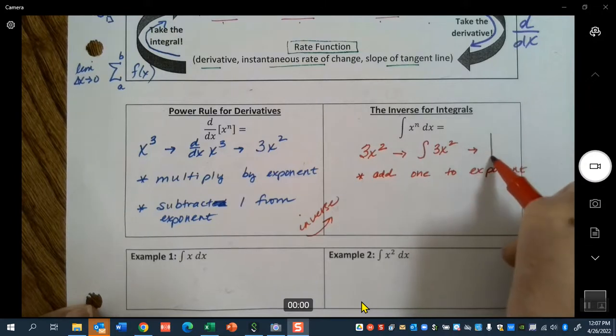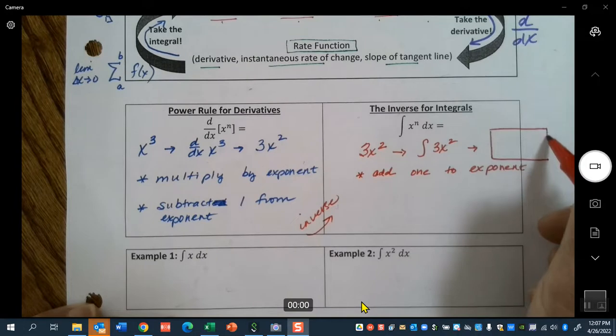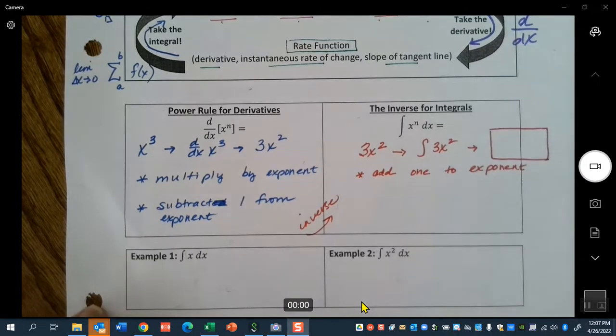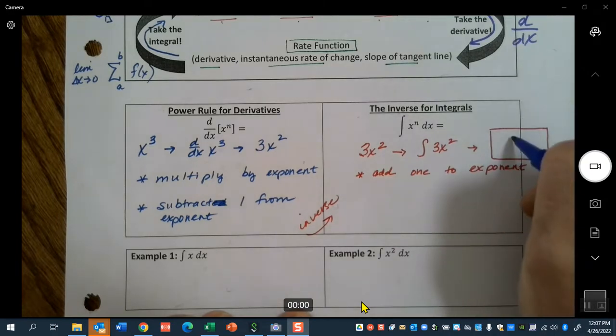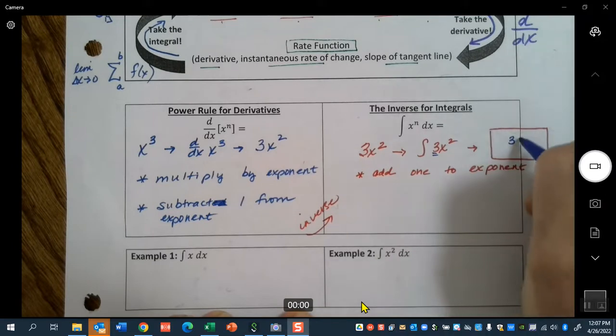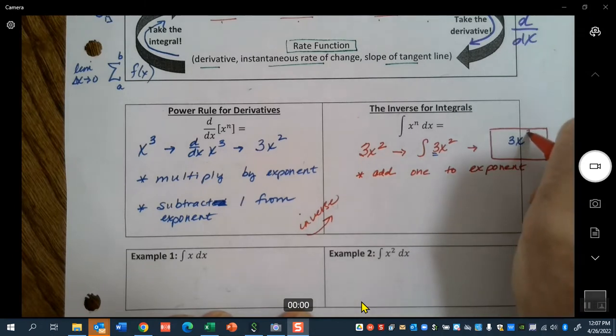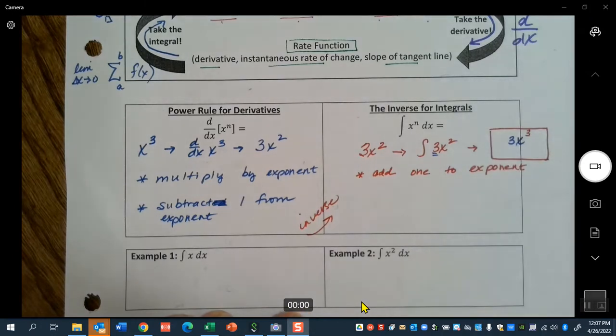So I'm going to build this box here, and I'm going to build my integral inside of it. I'm going to take my value here, and this 3 travels along. Here's my x as a variable, but when I add 1 to the exponent, that's now a 3.